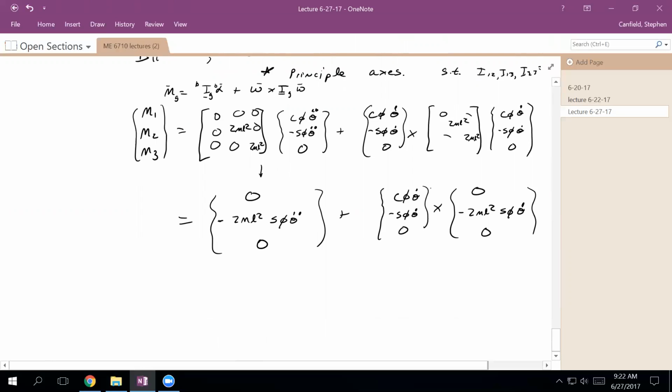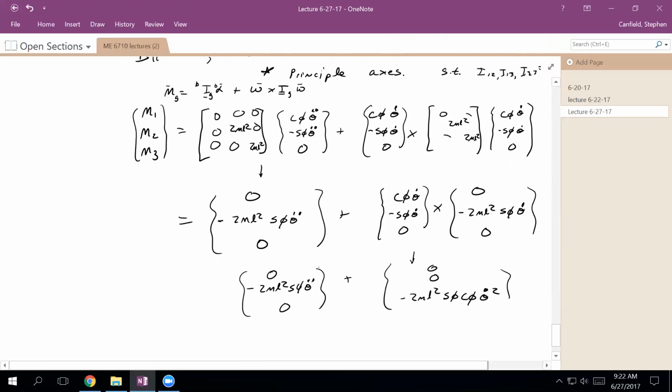Need to do the cross product, so I get an x cross a y is a z, get minus 2ml squared sine phi cos phi theta dot squared. It's in my z term. A y cross a y is 0, so that's all I get. And here I get 0, minus 2ml squared sine phi theta double dot, 0.